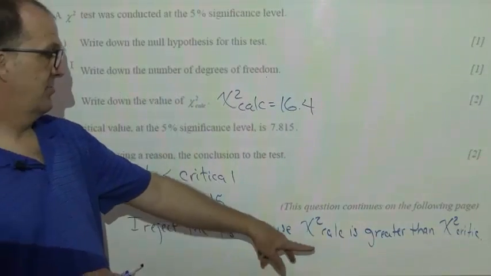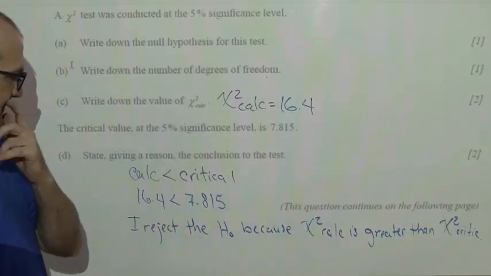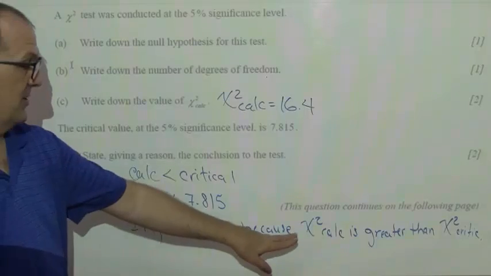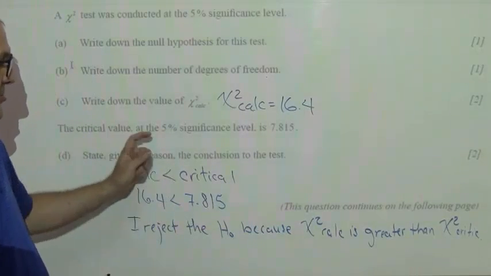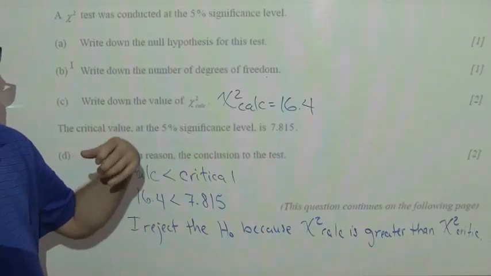You could just put the two numbers in. 16.4 is greater than 7.815, or in words. But you have to give this reason, otherwise you do not get the 2 marks. Just saying you reject it with no reason gives you no mark.